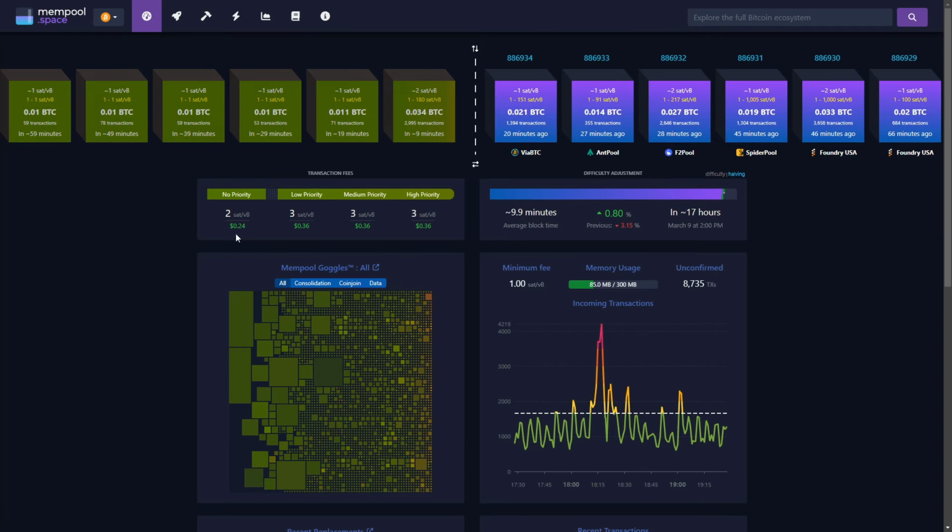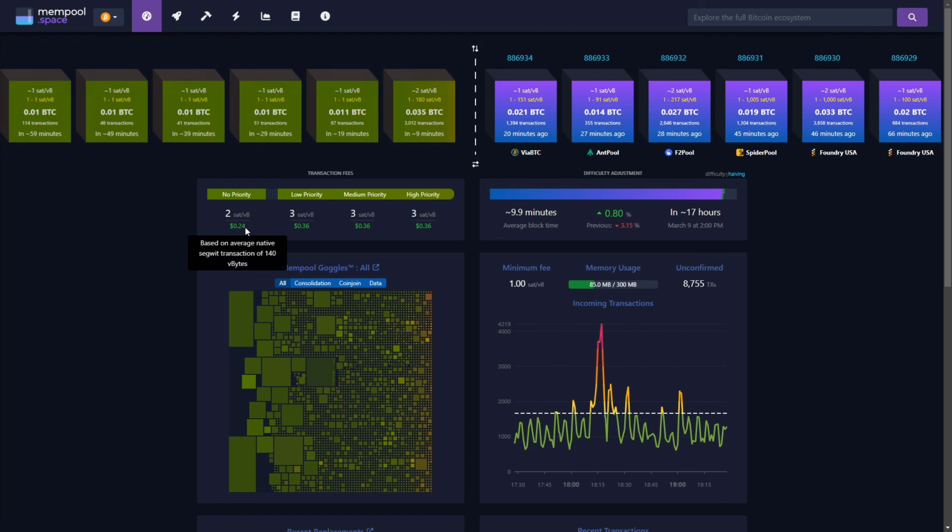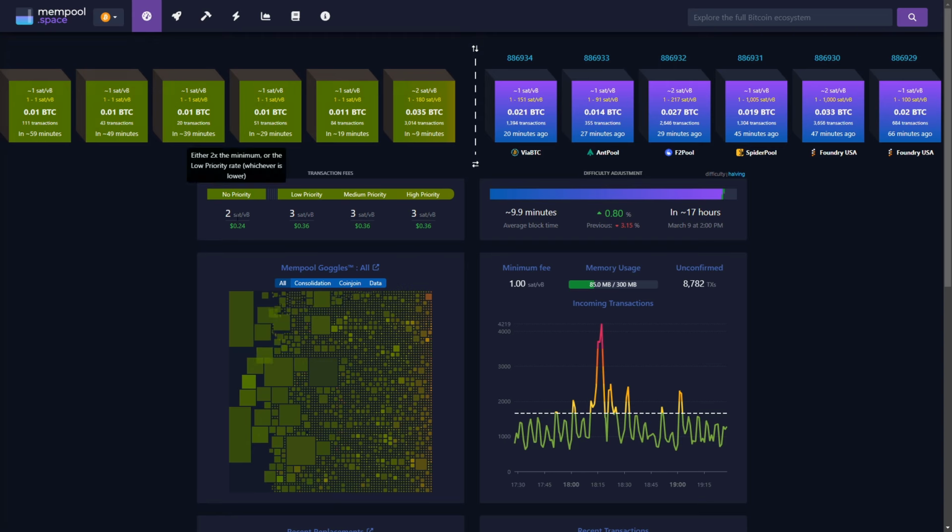Which, this is honestly what I do most of the time, because there's no need to rush. Why pay extra? I mean, at least in this case, there's not much of a difference. There's only like a 12-cent difference. But when fees are higher, I normally do the no priority. Because I don't really care if my transactions get confirmed in the next day or not.